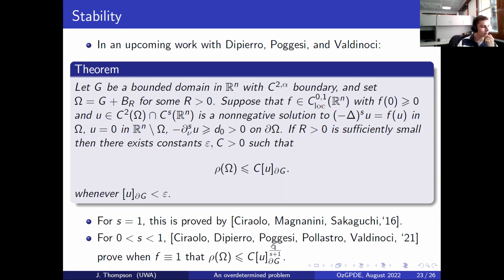And they did get a stability result, but they got this power of 1 on s plus 1 on the Lipschitz quantity of u. So this is suboptimal, because when we take s back up to 1, we don't actually recover the linear bound that was proved by Ciraulo, Magnini, and Sakaguchi. So when s goes back up to 1, we get a power of a half, which is suboptimal.